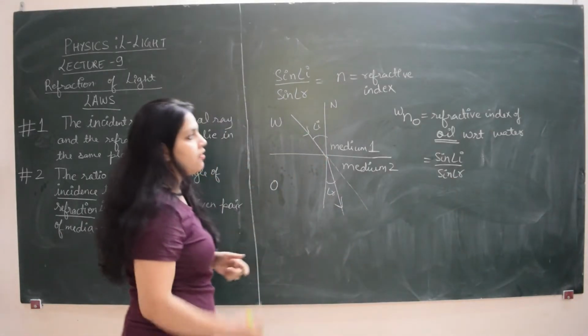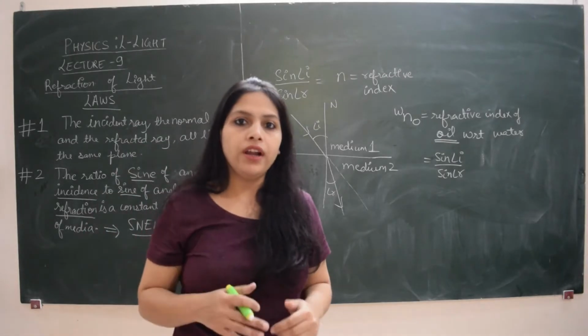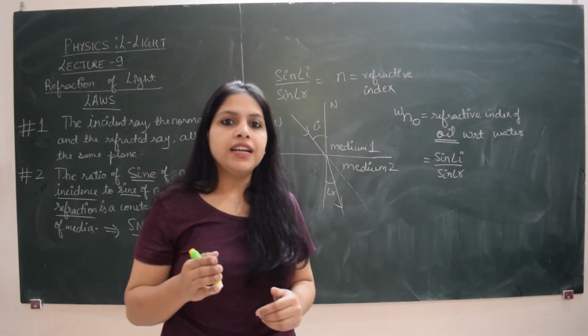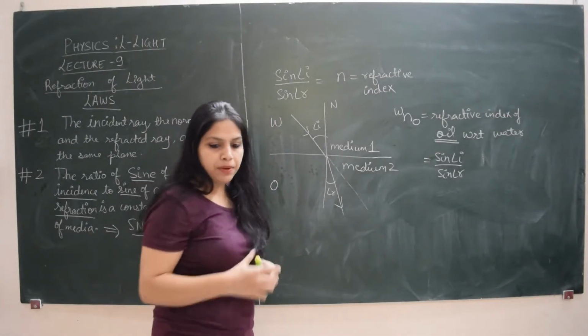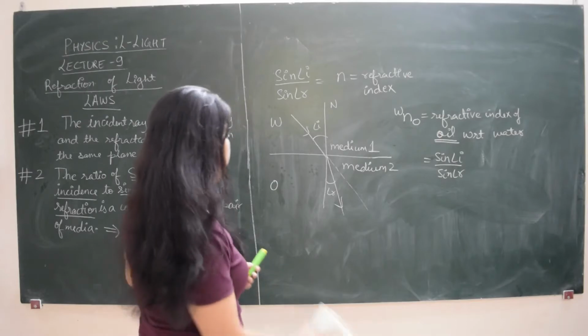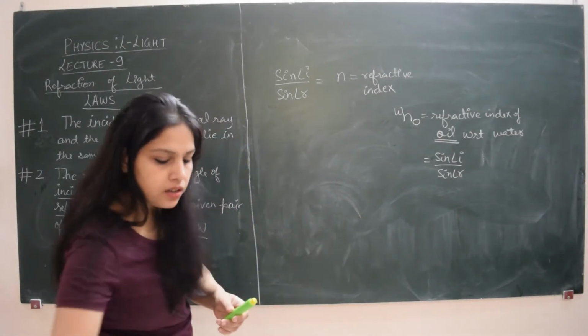Now, if I have a situation in which the incident ray is in oil and after crossing the interface it is moving inside water, I will just draw the diagram here, and let us keep oil below.